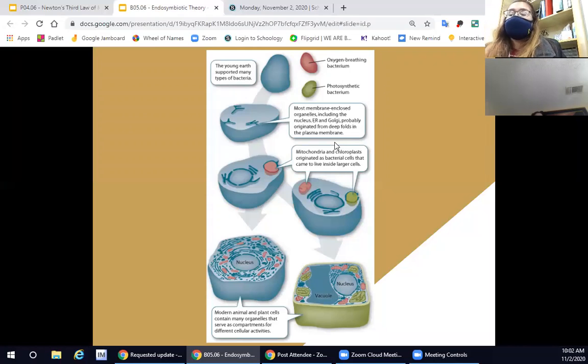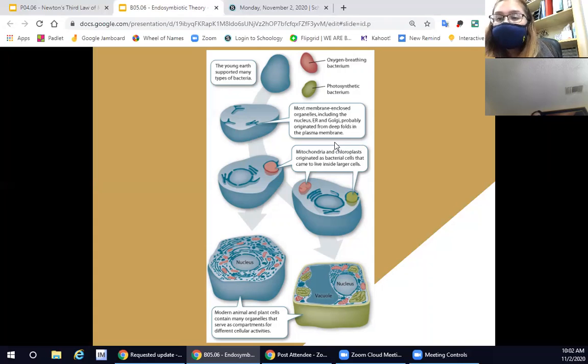So what that says is all of the other organelles came from folds of the membrane surrounding the cell. The mitochondria and chloroplasts originated as bacteria that came to live inside larger cells. So all of the other parts of a cell came from the cell's membrane, except the mitochondria and the chloroplasts. Those came from other cells.